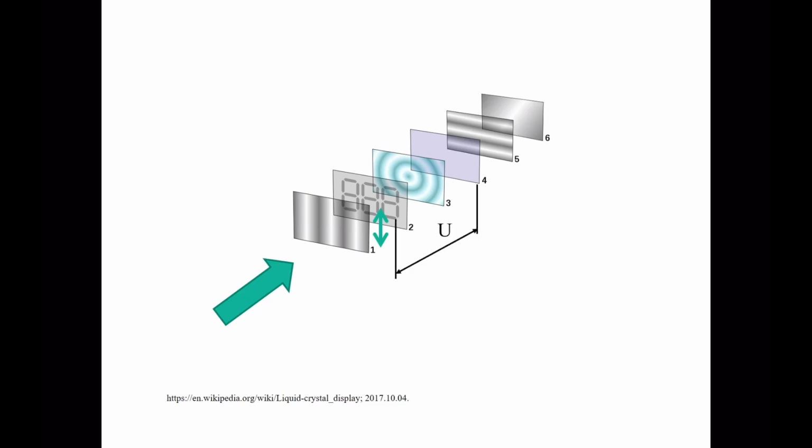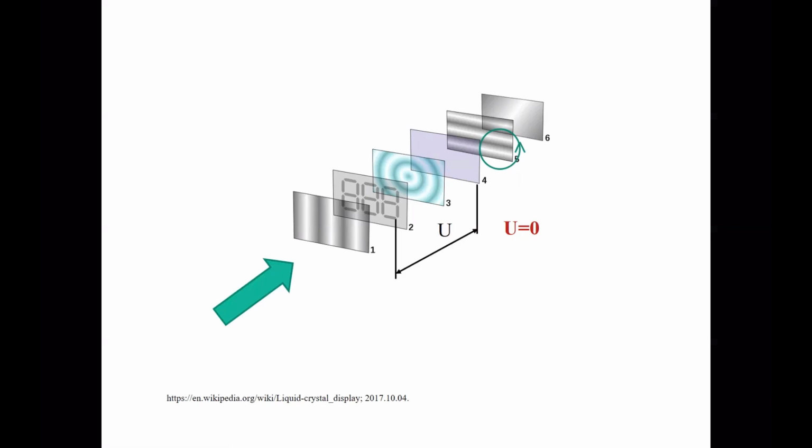Now have a look at what is happening. First, we deliver the electrical potential between these digits and this electrode. For instance, the potential is equal to 0. If so, this polarized light doesn't have any influence from this digit and passes this layer, goes to this twisting filter and is polarized circularly. So this is the polarization of the light that was polarized linearly.